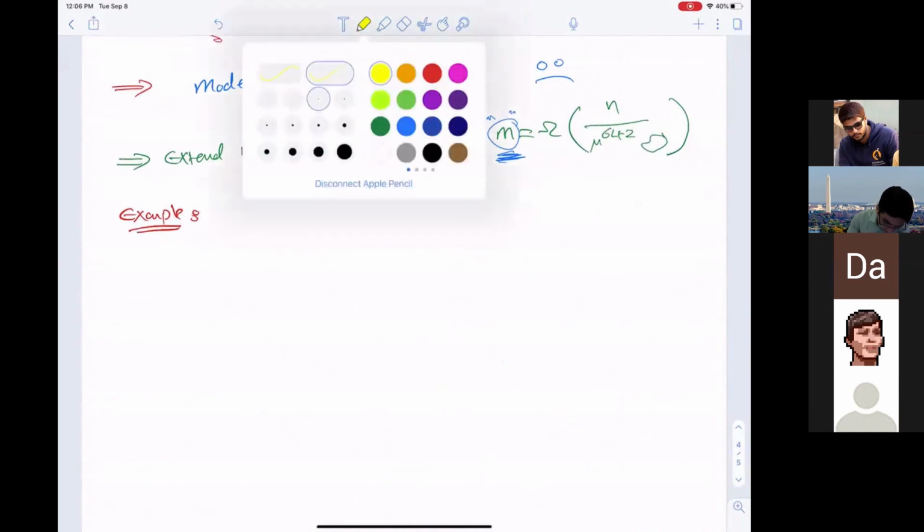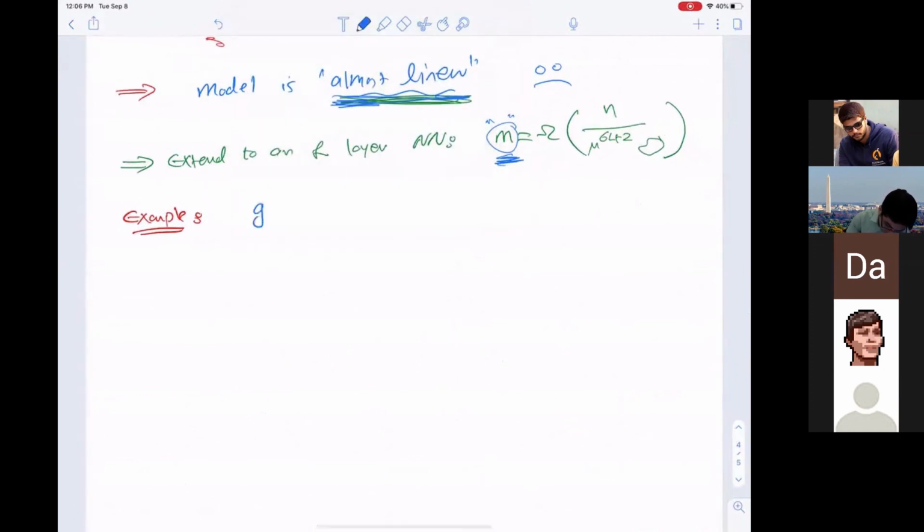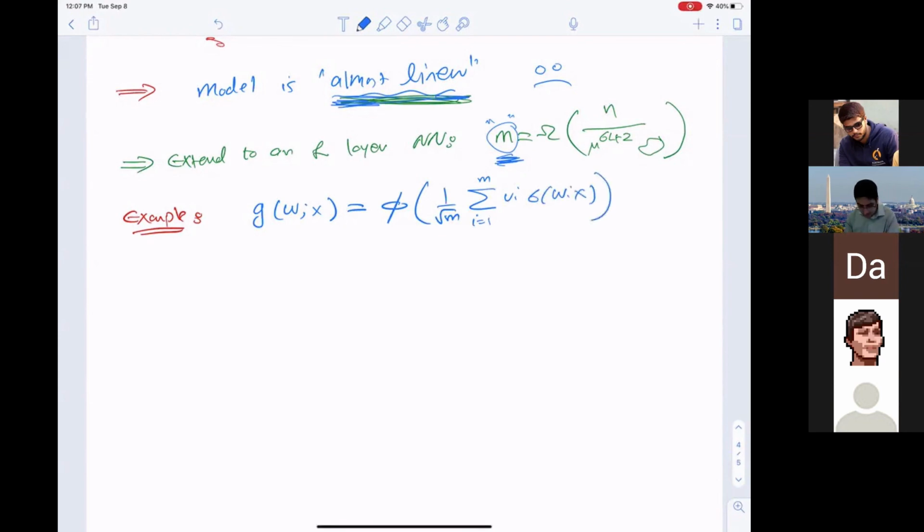So the function that we get is phi of the sum over i from 1 to m of v_i sigma(w_i times x). This is another neural network where we are applying an activation function to the output node.